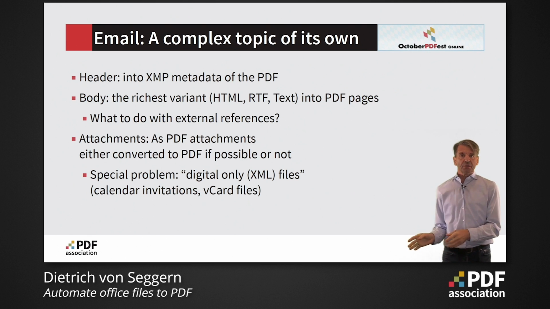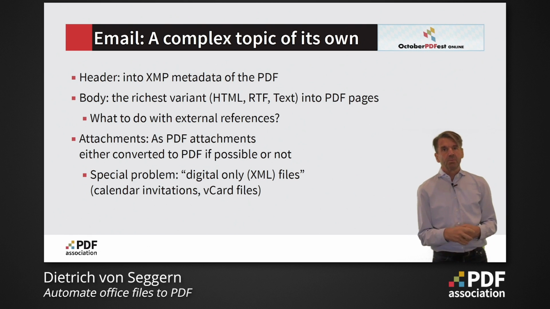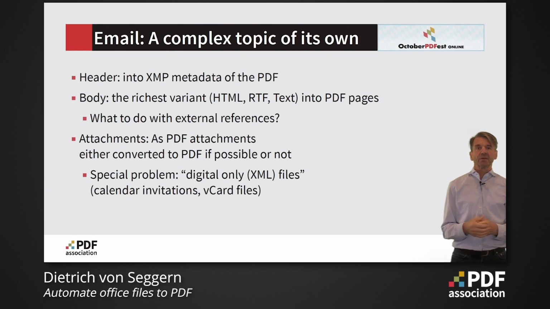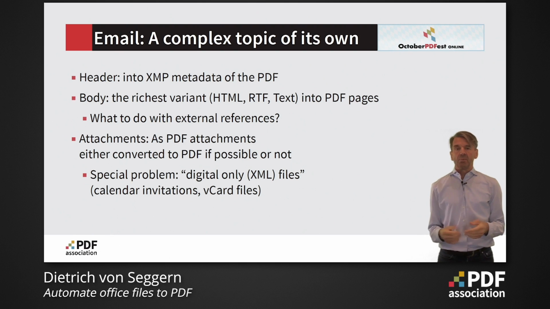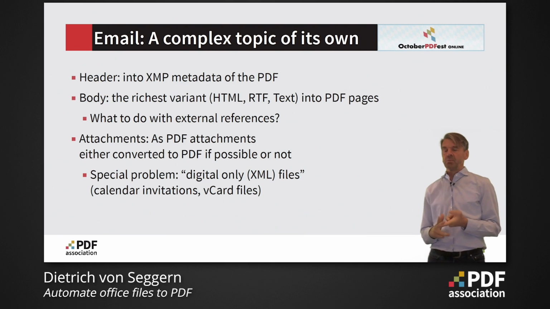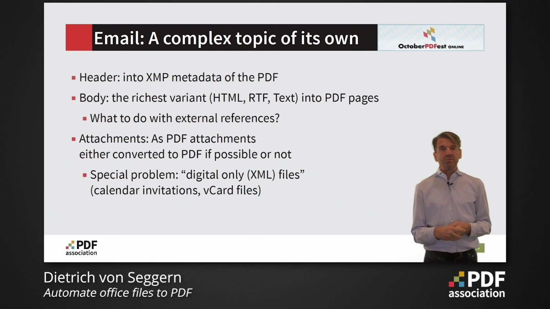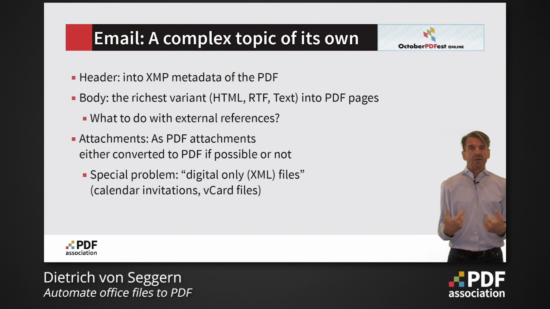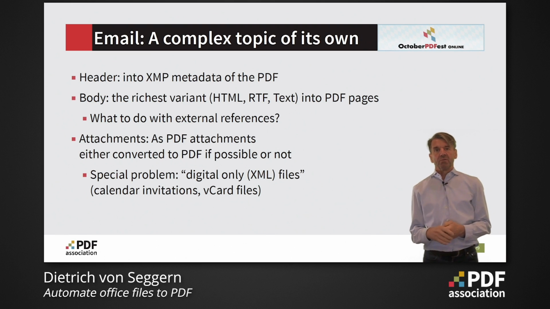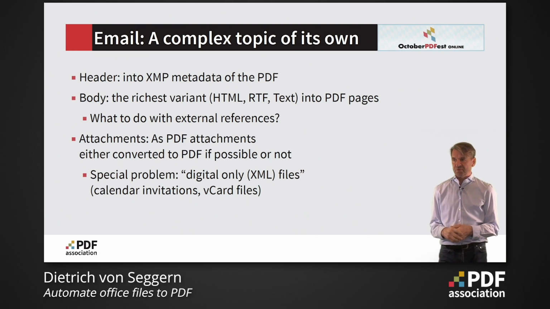In the body, so the actual text, you might have different formats encoded into the email. You might have simple ASCII text, you might have RTF, you might have HTML, and you might have all three formats in the very same email, so that the email client that receives the file decides which format it uses.